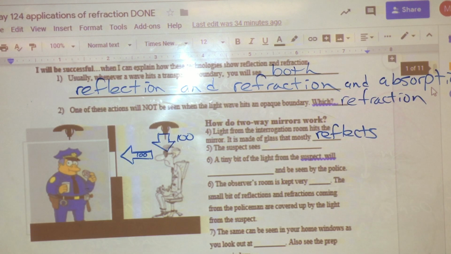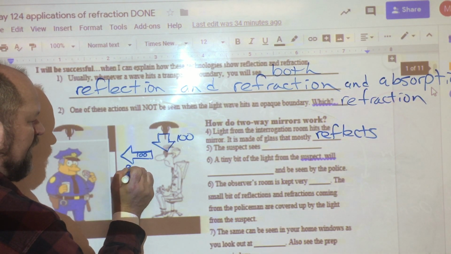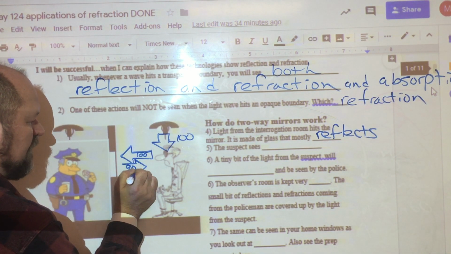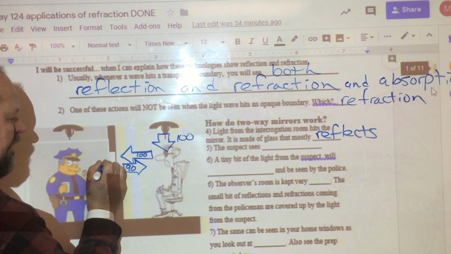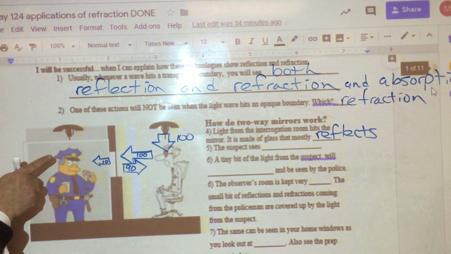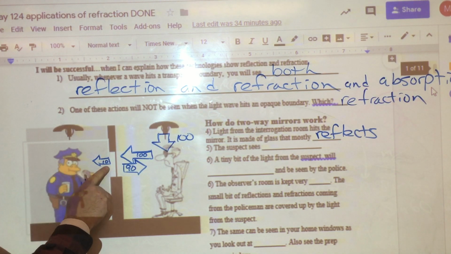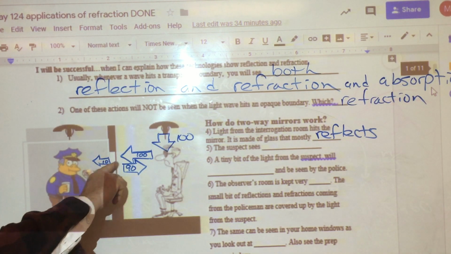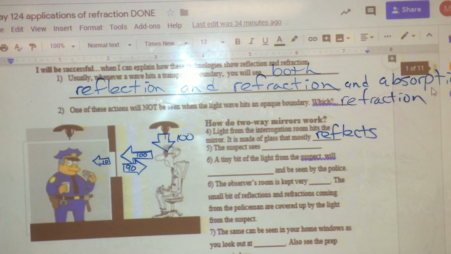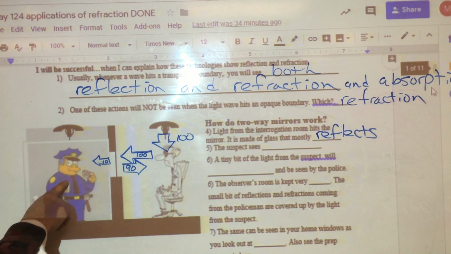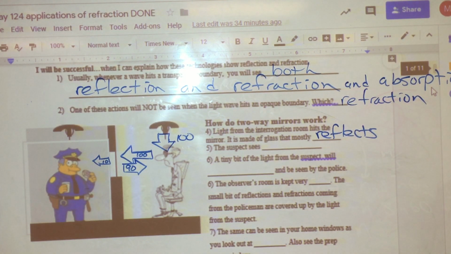Most of it is going to reflect. Let's say we have 90 photons that bounce out, and that leaves 10 that go in. So the policeman can see a dimmer image, only 10 photons coming from his face. You still see it, just not as many photons, so it appears dimmer.